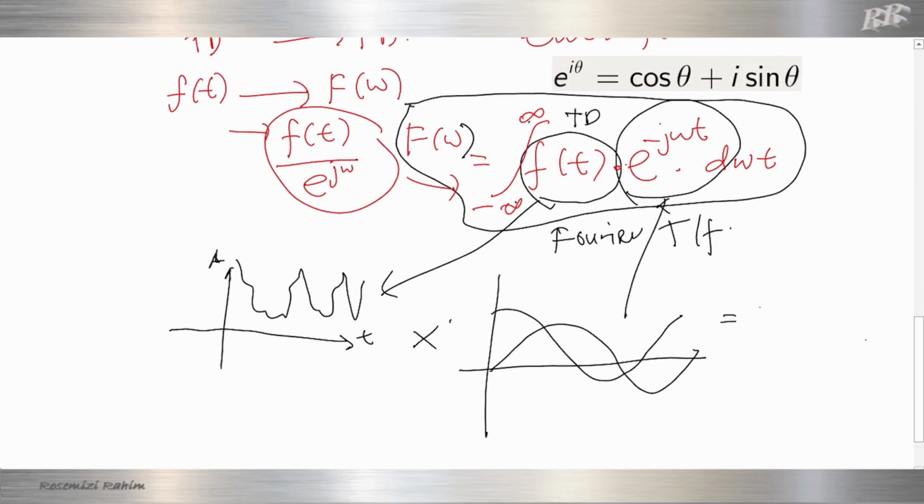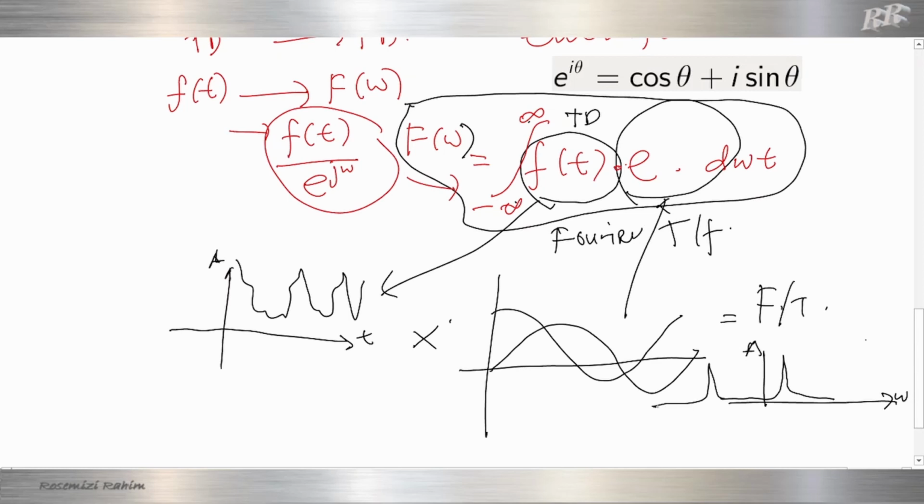So we will get the Fourier transform output as amplitude against omega. So this is the process of how to transform from time domain to frequency domain.